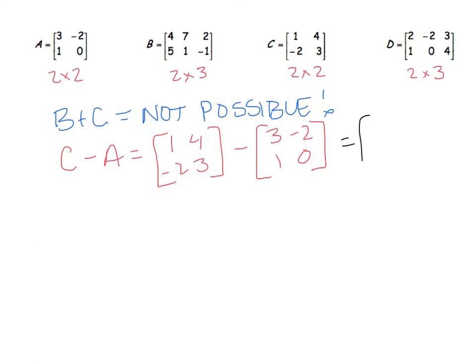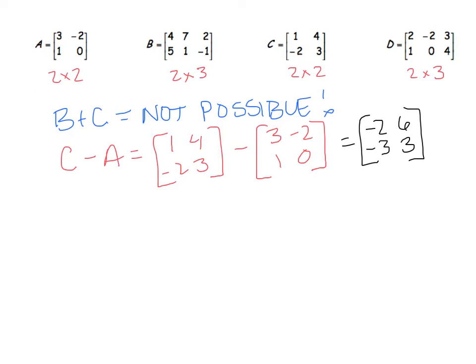We're going to have the address 1, 1 and subtract the address 1, 1 to get our new 1, 1. So 1 minus 3 is going to get us negative 2. 4 minus negative 2 is going to get us 6. Negative 2 minus 1 is negative 3. And 3 minus 0 is 3. So our subtraction yields us a new matrix that's also 2 by 2, and it's negative 2, 6, negative 3, 3.